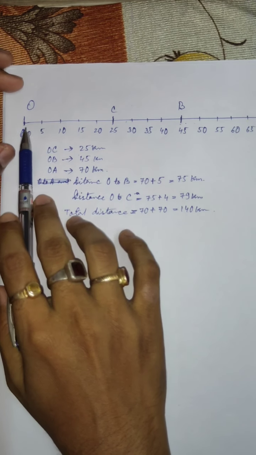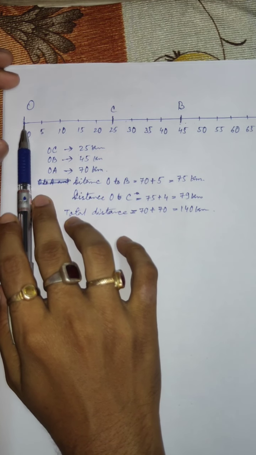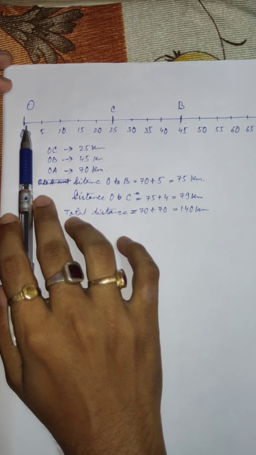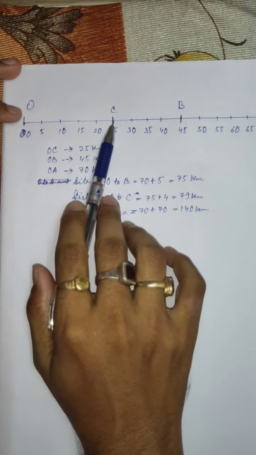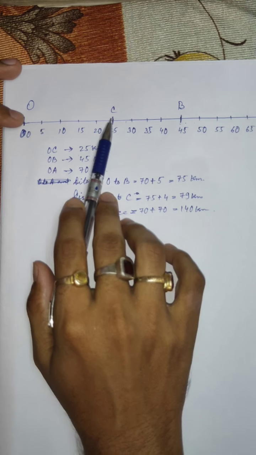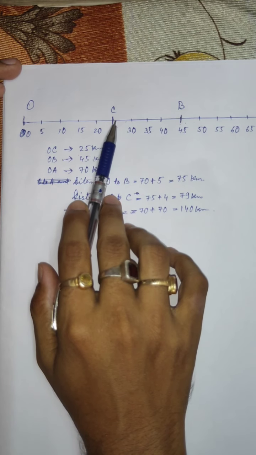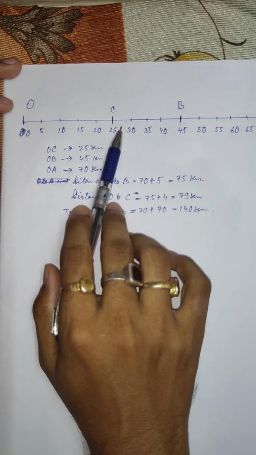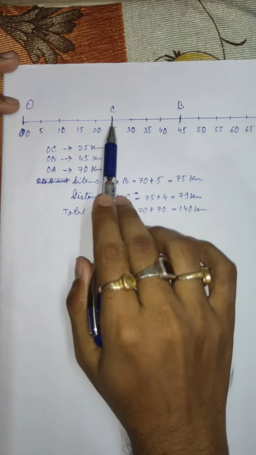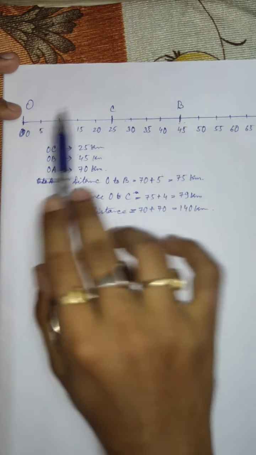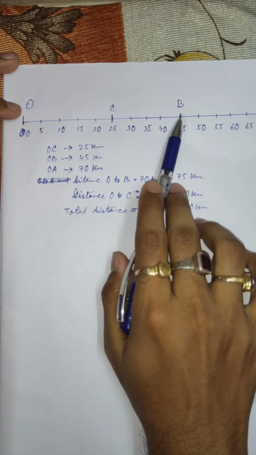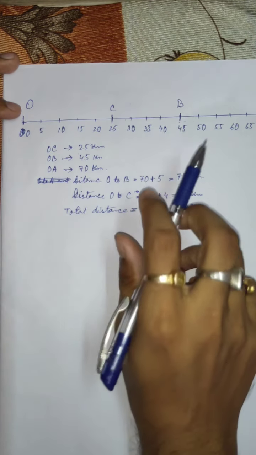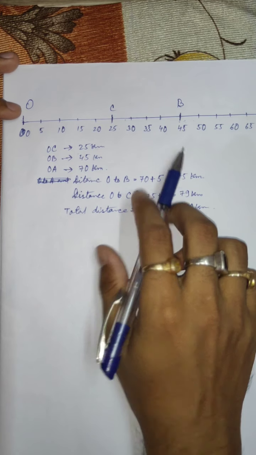So first see, the object starts from the point O. So the initial point of the object is O. Then it reaches C, and that will be the final position. So displacement is 25 kilometers, sure. But suppose it starts from O and stops at B, then displacement is 45 kilometers.